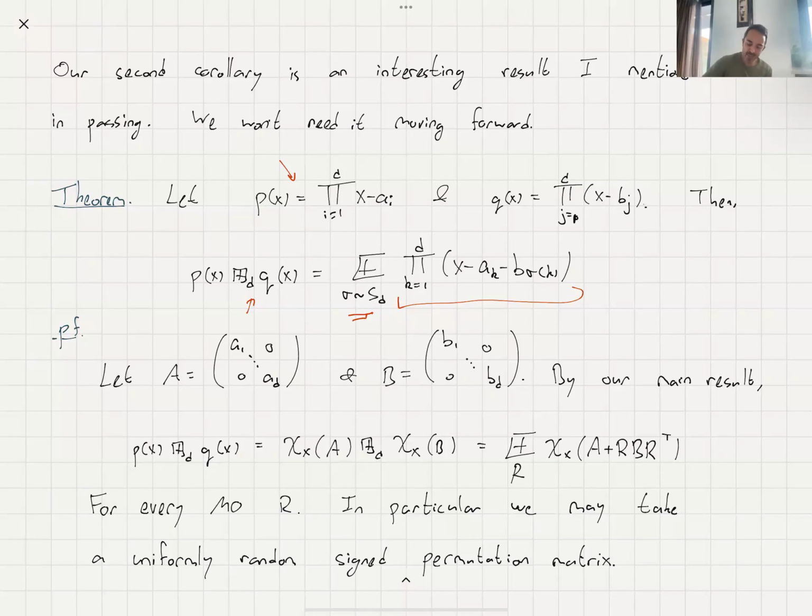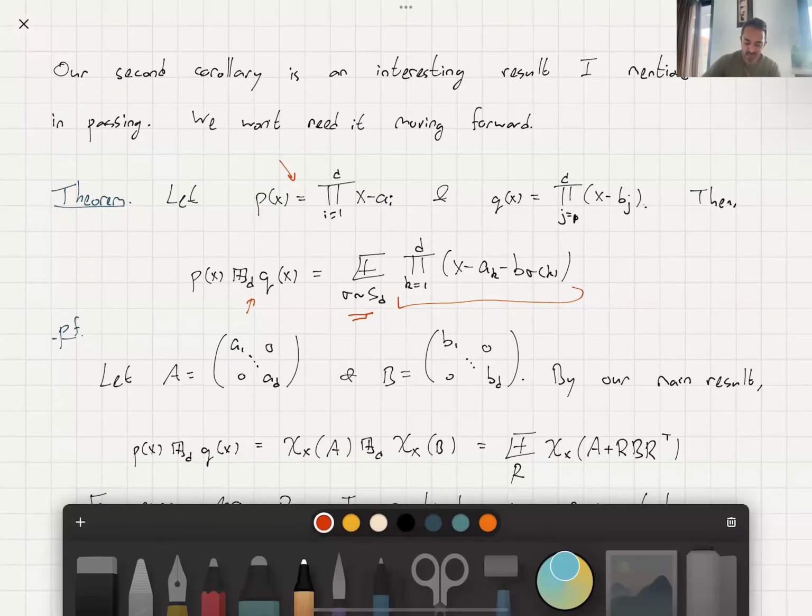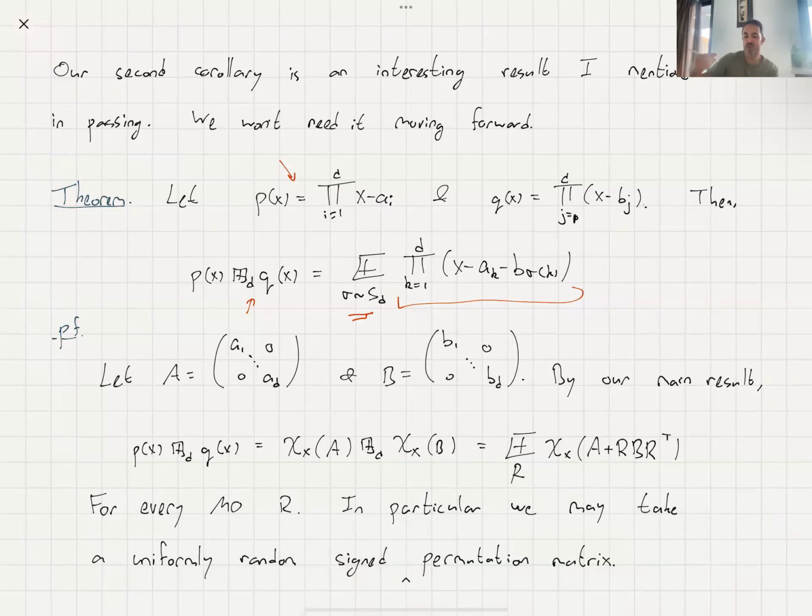Okay, and to prove that, we're actually going to use the previous definition, but with minor orthogonality. So let's construct two diagonal matrices A and B. On their diagonal, we are going to put the corresponding roots.